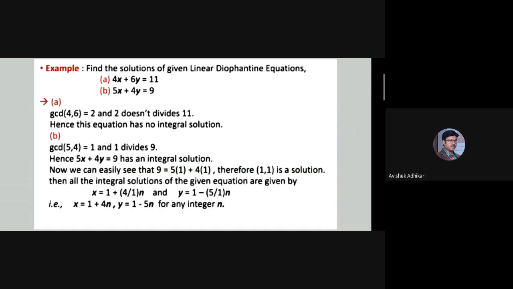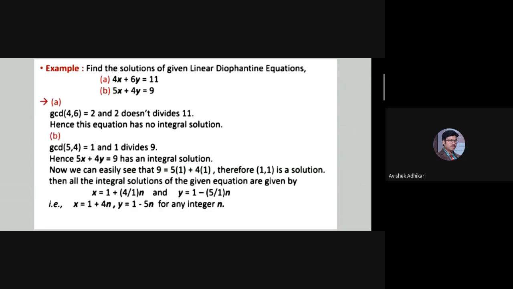The GCD of 4 and 6 is 2, and 2 doesn't divide 11. So by the previous theorem there is no integral solution. In the second problem, the GCD of 5 and 4 is 1, and 1 divides 9, so it has an integral solution.